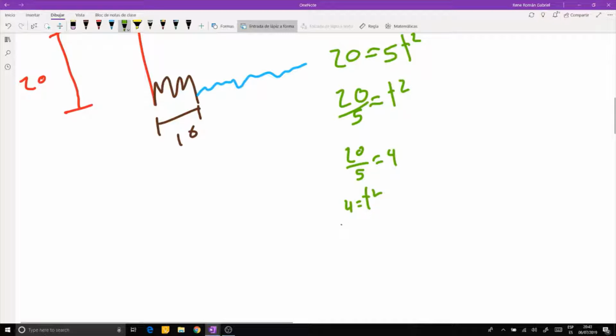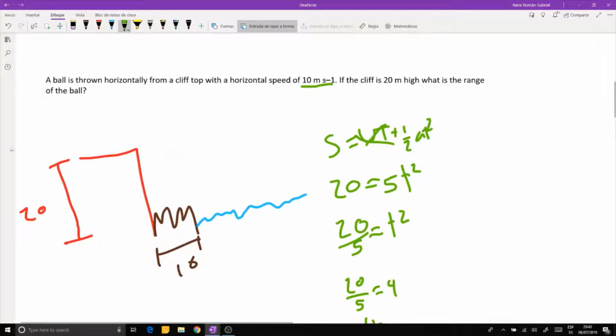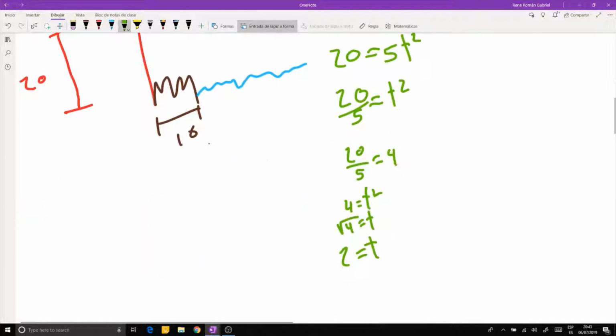And what we do is take the square root of both sides. The square root of 4 equals time, and the square root of 4 is just 2, so 2 equals time. So we're 2 seconds in the air before hitting the water, because we just calculated it.